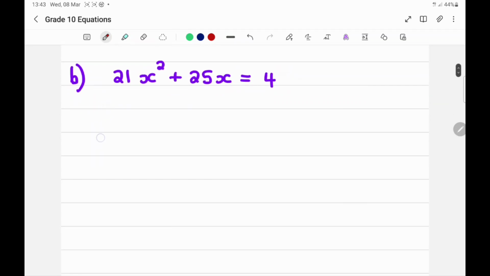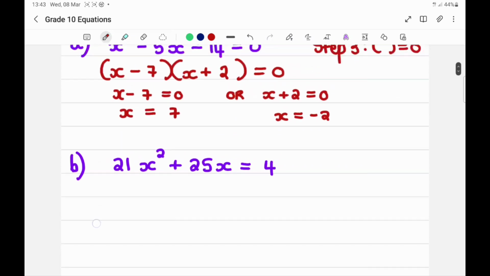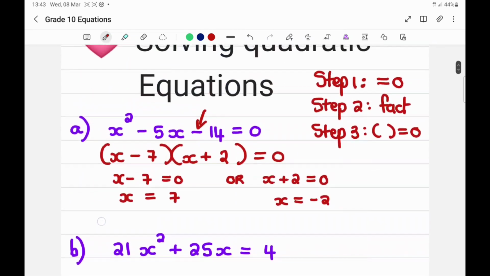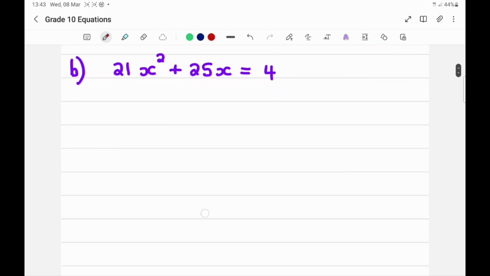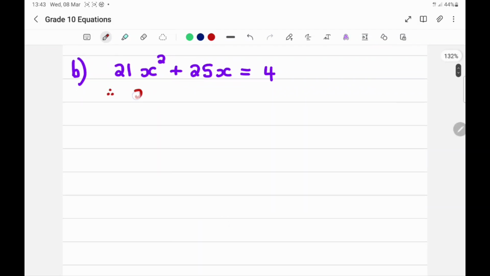Okay, if we look at the following, it's not equal to 0. So step 1, we need to equal it to 0. So then I'm going to have 21x squared plus 25x minus 4 is equal to 0. And now this is a trinomial. If you can remember, I did do a video on this, your cross method.